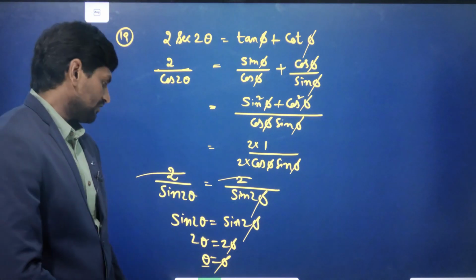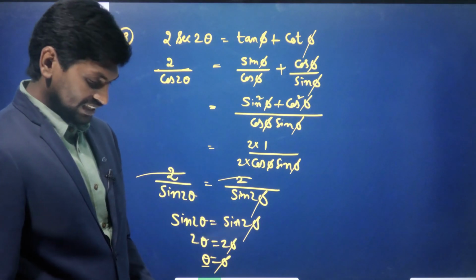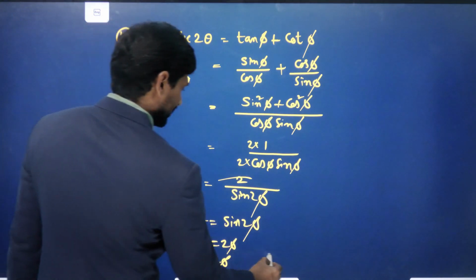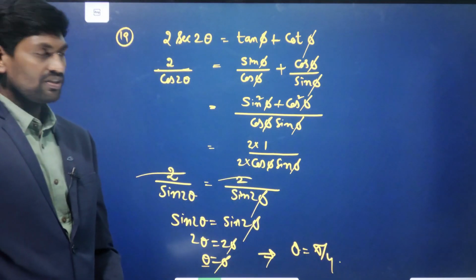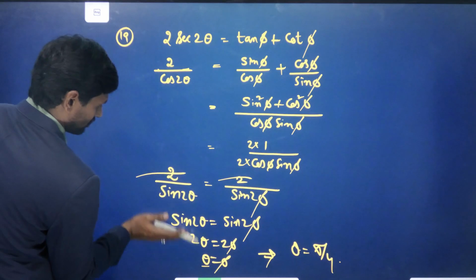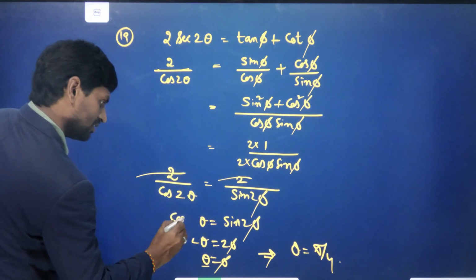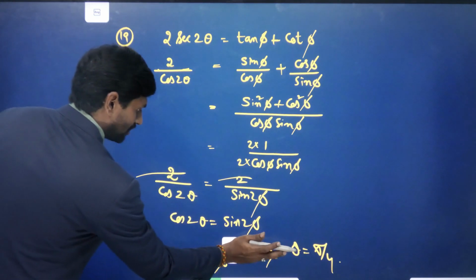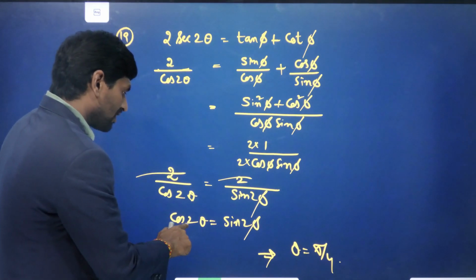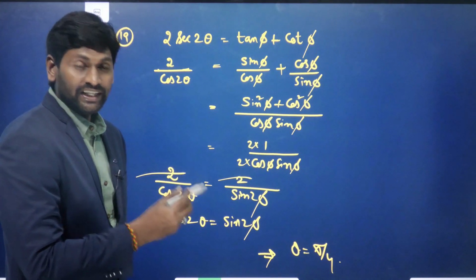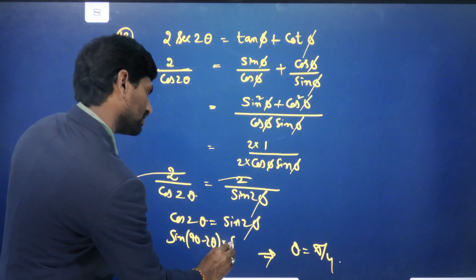Cos 2 theta and sin 2 phi are equal for complementary angles. Because cos 2 theta we can write as sin (90 minus 2 theta). Sin (90 minus 2 theta) is equal to sin 2 phi.